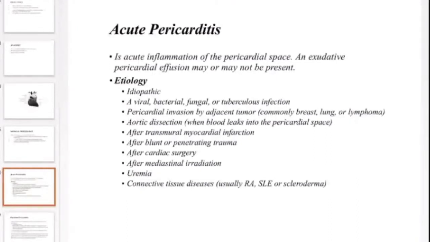Or after transmural myocardial infarction, or after blunt or penetrating trauma to the heart, after cardiac surgery, after mediastinal irradiation, post-malignancy, or when a patient has uremia. A uremic patient may have pericardial effusion. Connective tissue disease: rheumatoid arthritis, systemic lupus erythematosus, or scleroderma.